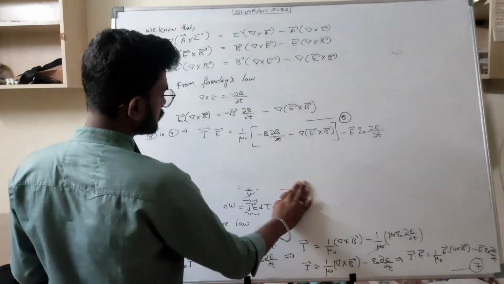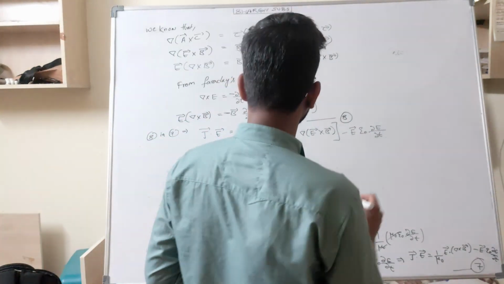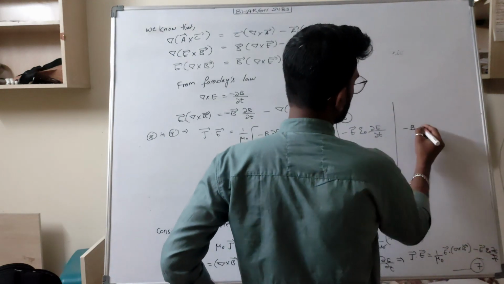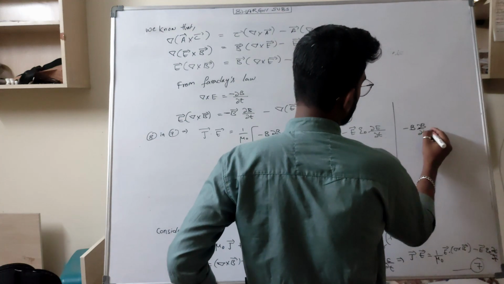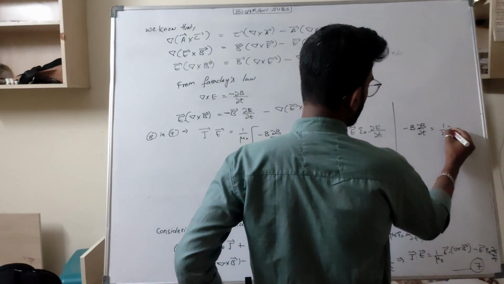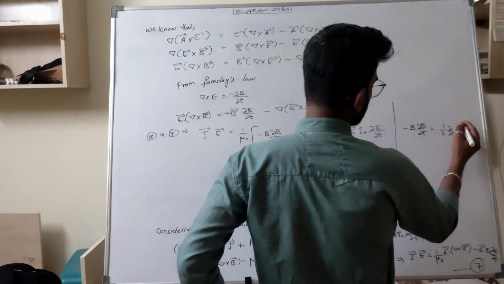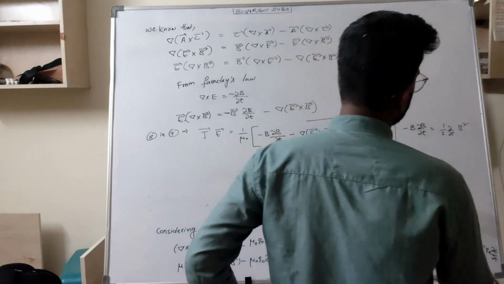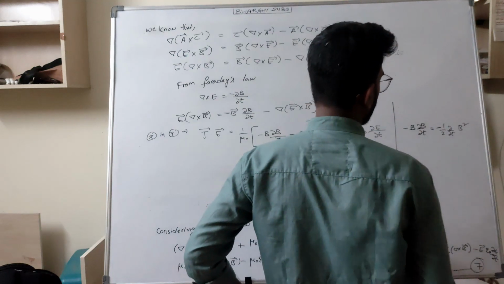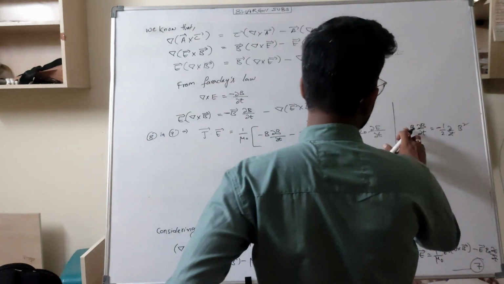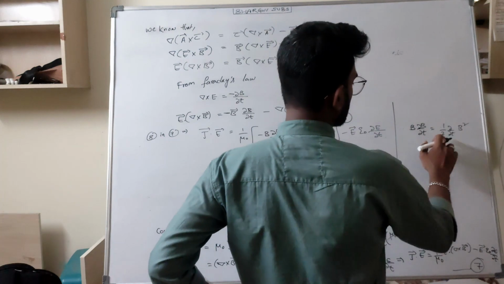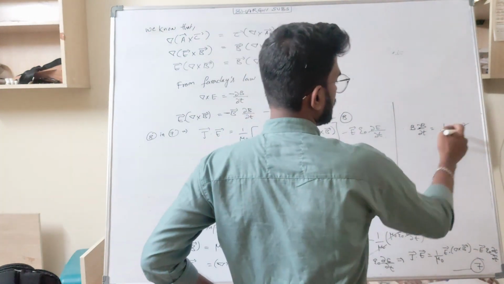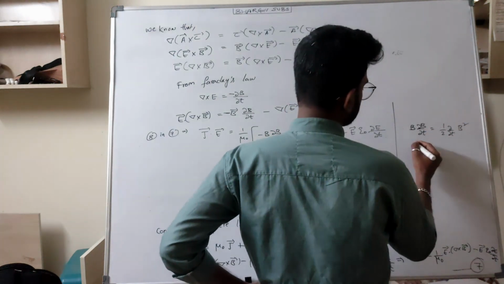So like we know we can write those values here. Minus B ∂B/∂t can be written as half ∂/∂t of B square, because if the differentiation of B square was 2B, the 2 gets cancelled and you will get B ∂B/∂t.